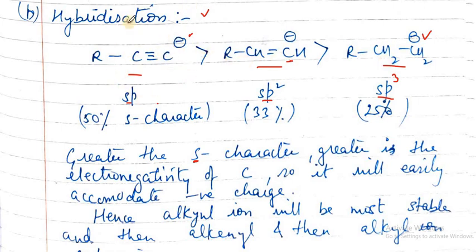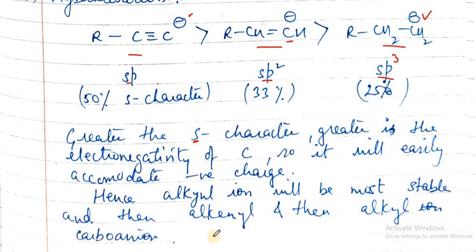These are the most stable because in this the carbon has sp hybridization and a greater amount of s character, so it is more electronegative. More electronegative means it can easily accommodate negative charge. So we can say the alkenyl ion will be the most stable.